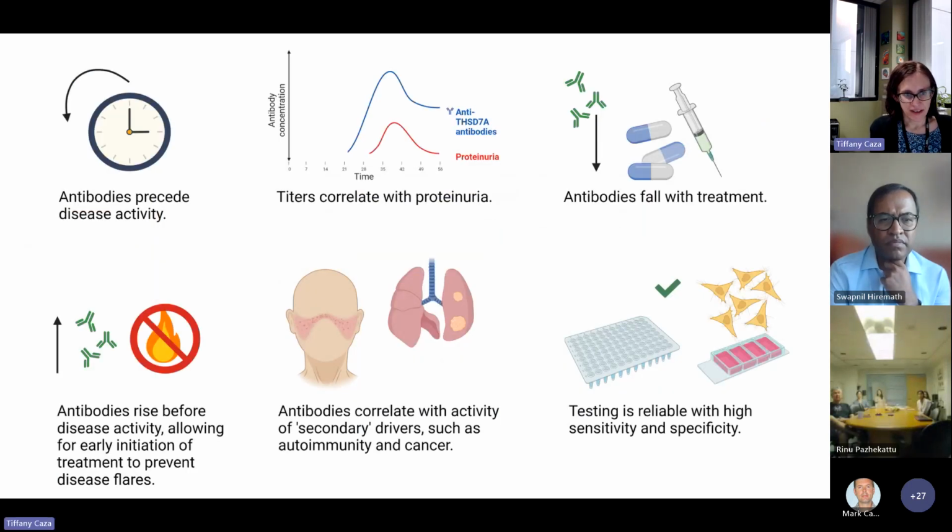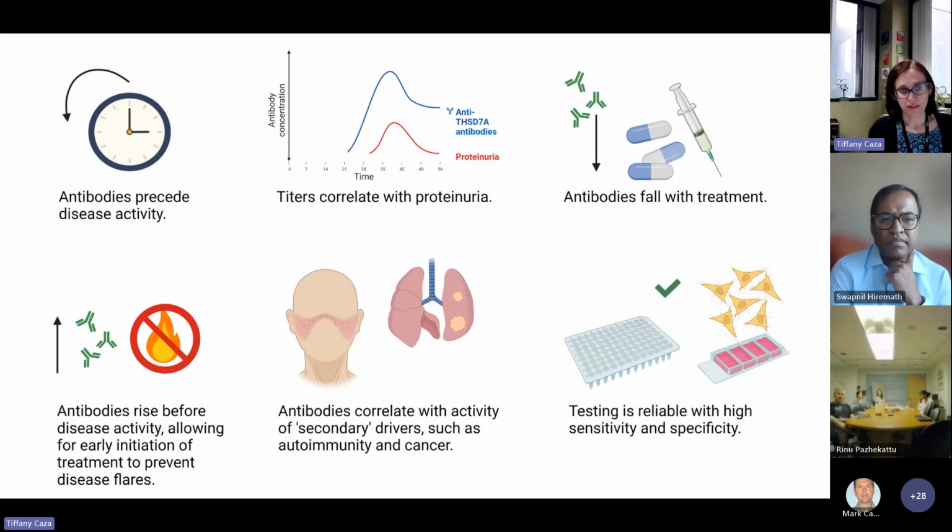And with serologic testing, antibodies precede disease activity, and that's before the initiation of the disease itself, as well as for a disease flare. Titers will correlate with proteinuria, but the antibody titers will fall prior to the proteinuric response, since you have those immune complex deposits within the glomerular basement membranes that require remodeling.